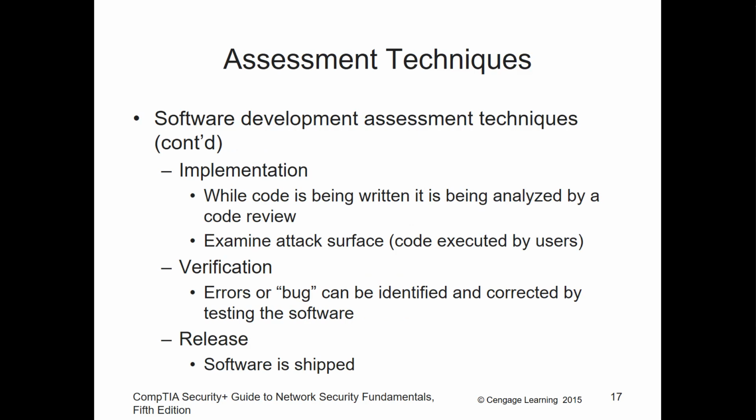Implementation, understanding while the code is being written, it's being analyzed by reviewers. We're also looking at how the code could be attacked, if it could be attacked. We're going to go through some type of verification and quality assurance phase to make sure there are no errors or bugs. And then there should be a release. And the release is actually the shipping of the software.